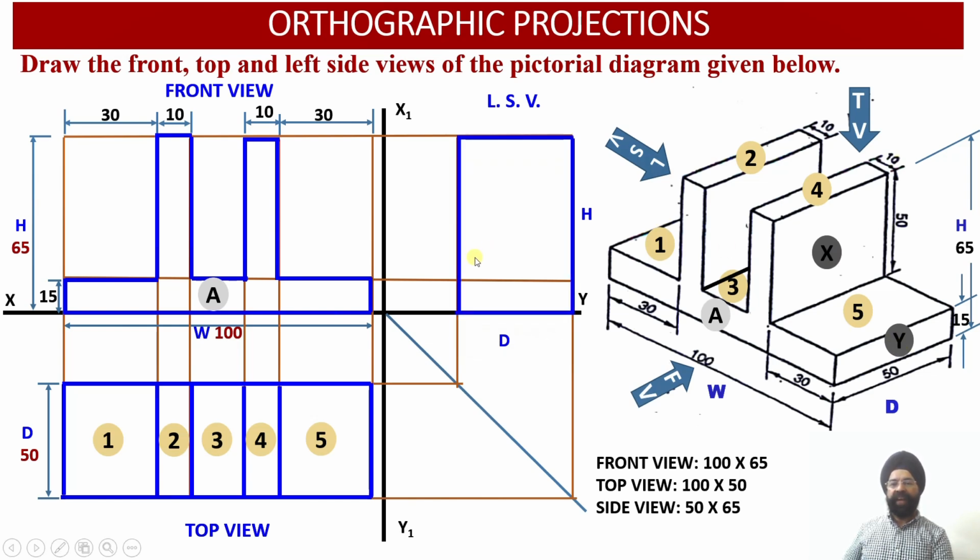Since I have completed this construction, I can join this rectangle over here, because this outer boundary will be visible to me from the other side. I am looking from this side. Since I am going to draw the left side view, it has been drawn onto the right hand side, and this line I need to darken.